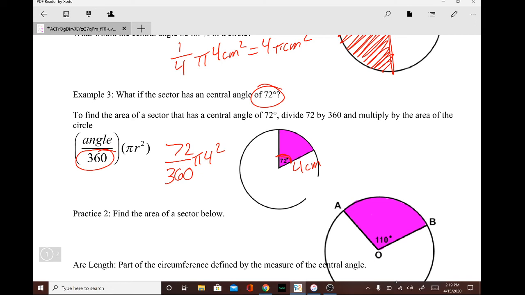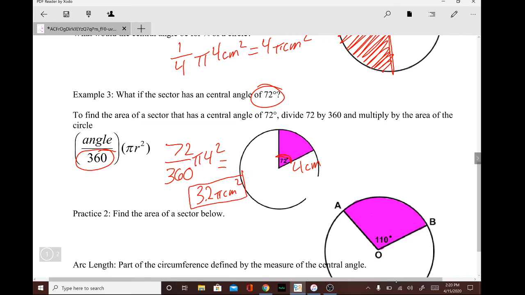So 72 divided by 360 gives us 0.2, times 4 squared. That's going to give us 3.2 pi centimeters squared. Remember, we're going to leave that pi out of our equation. It's going to become part of our answer.